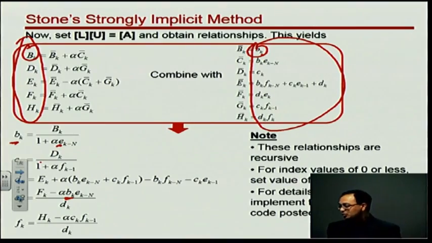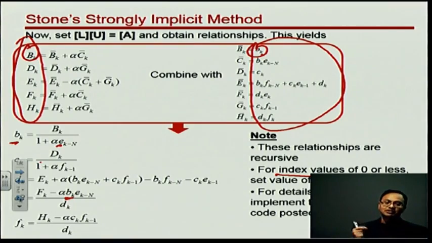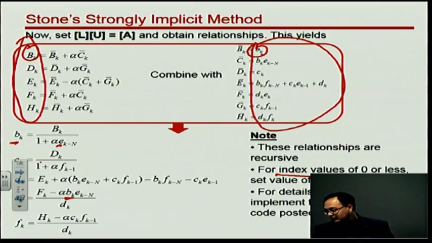The thing to understand is that for any index value of 0 or less than 0, or negative, you have a value of 0. So that's really your starting point. Even though B requires E, there are certain values of E that are known. The moment I go to 0 or a negative index, that E value is 0.